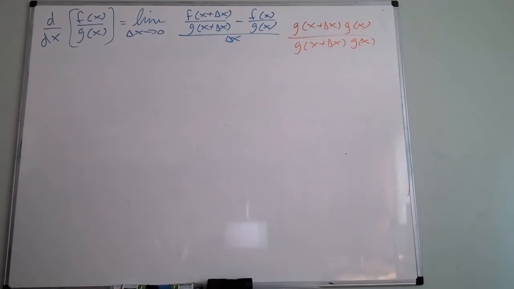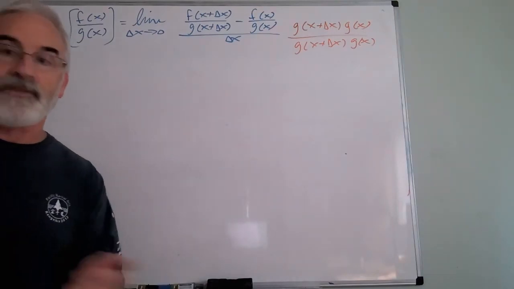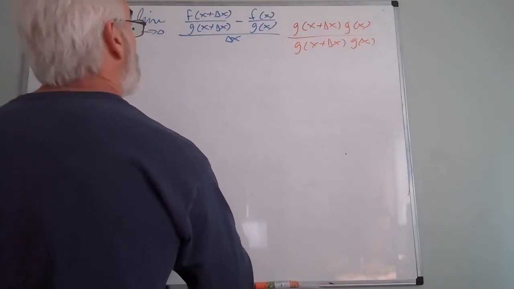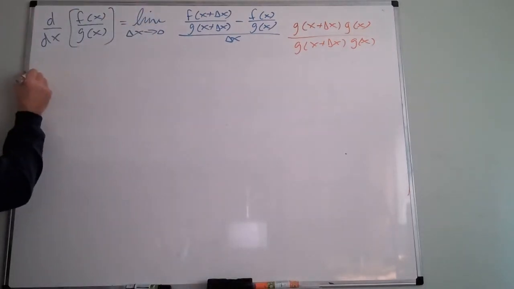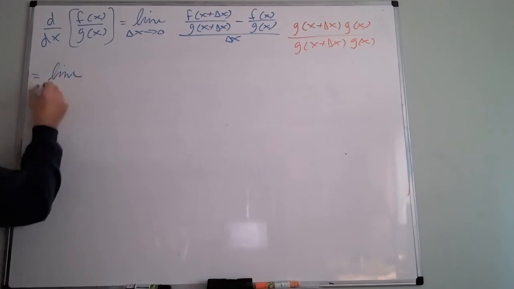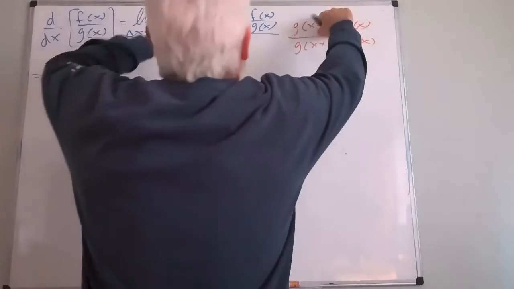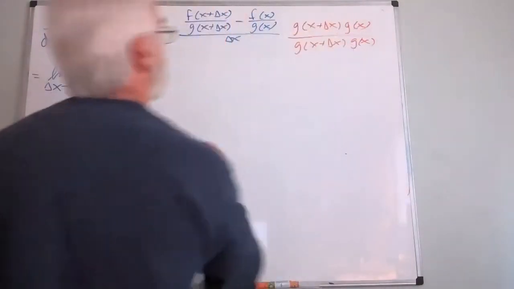When I do that, I will be left with just one quotient that I don't have to be clever. I don't have to do any manipulation of. So what I'm going to get next is the limit as delta x goes to 0 of. So when I multiply this into here, those will cancel.